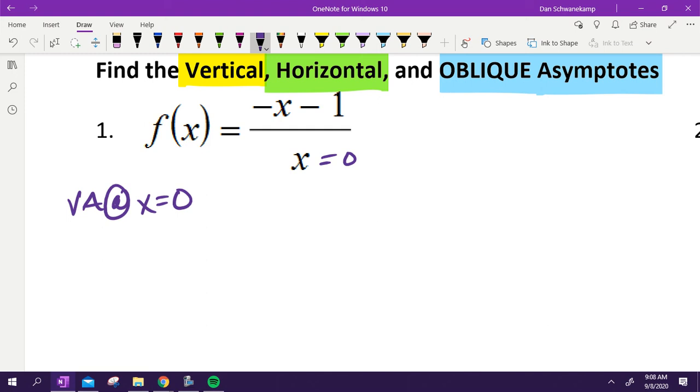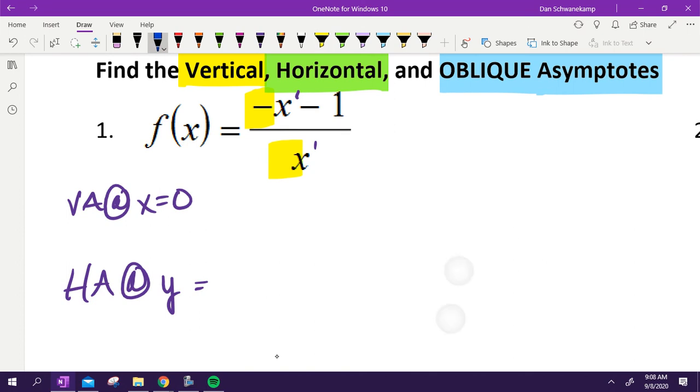What's the degree of the denominator? They're both 1. So if they're both 1, what is it? It's a horizontal asymptote. And what am I looking at? Leading coefficients. That is my leading coefficient on top. That is my leading coefficient on bottom. So it's a horizontal asymptote at y equals -1 over 1. The answer is -1.